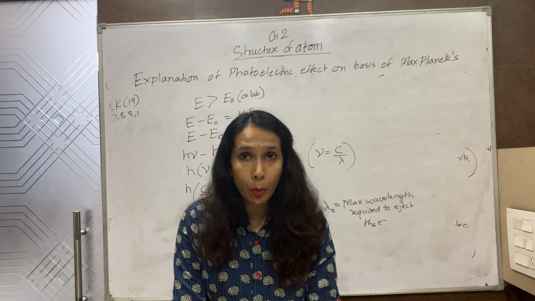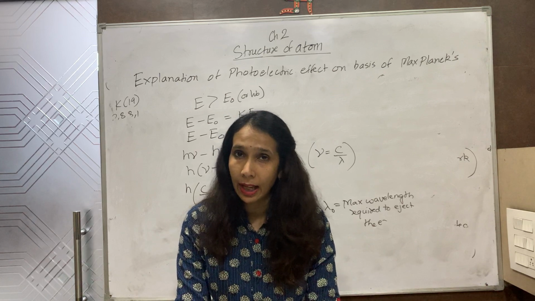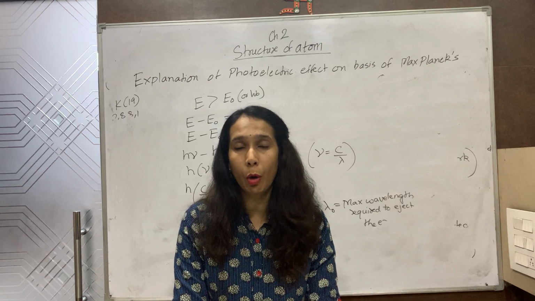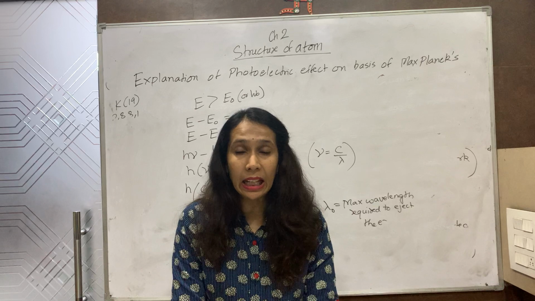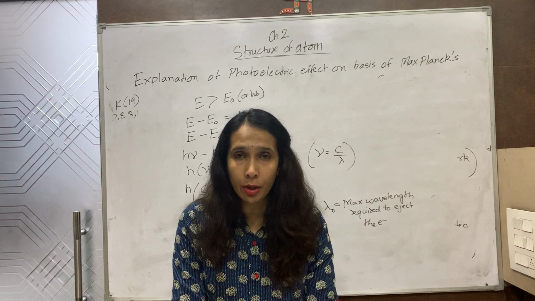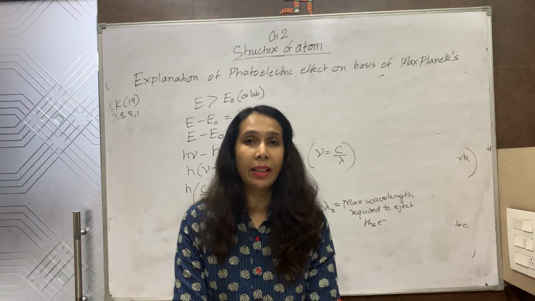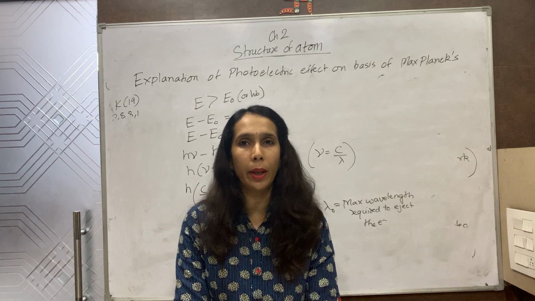So this photoelectric effect showed that energy was depending upon frequency, and Max Planck proved, yes, energy depends upon frequency if we consider that electromagnetic radiations are made up of small packets of energy. That means they have got particle nature and not wave nature.